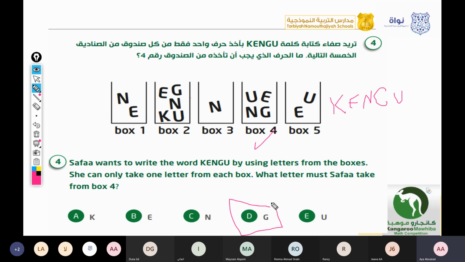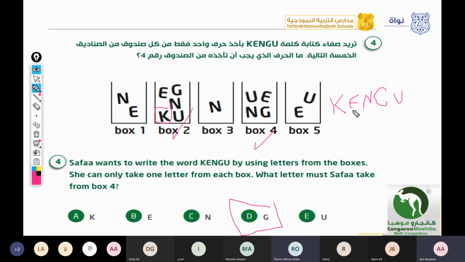But why, Rima? Can you explain for us? Rima, can you explain why you chose G? Because I think she's a girl. From the word you need the letter K, so you have to take the letter K from box 2.